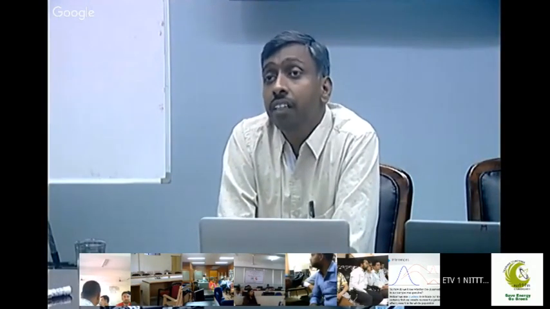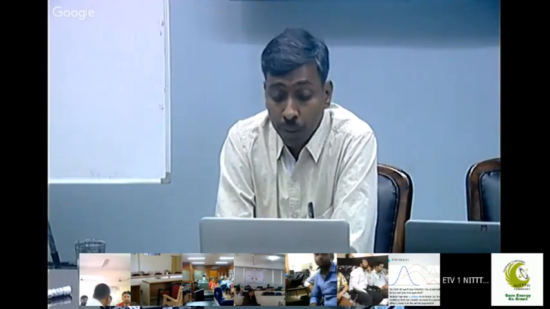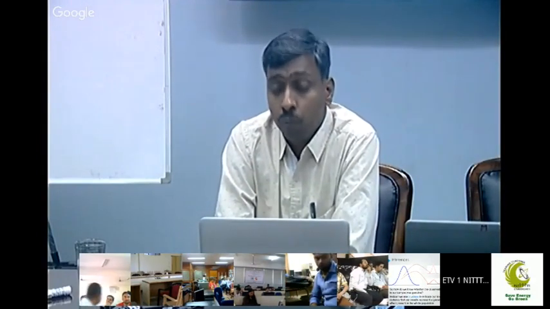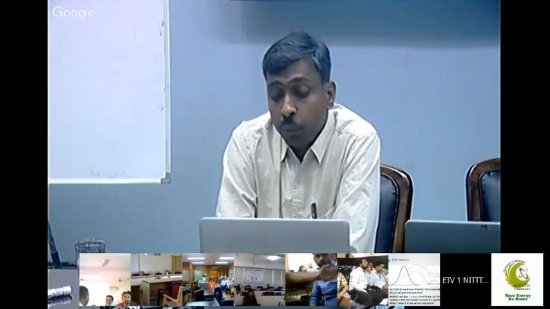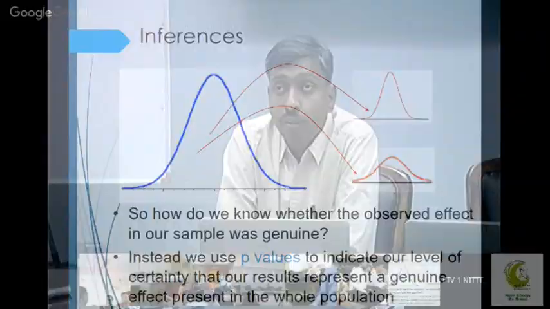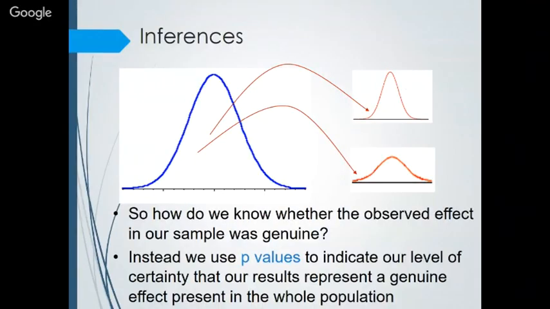But whether the difference is actually valid in comparison with the actual population, for that we use the p-value to indicate our level of certainty. We are generating a level of certainty that our results represent a genuine effect present in the whole population.